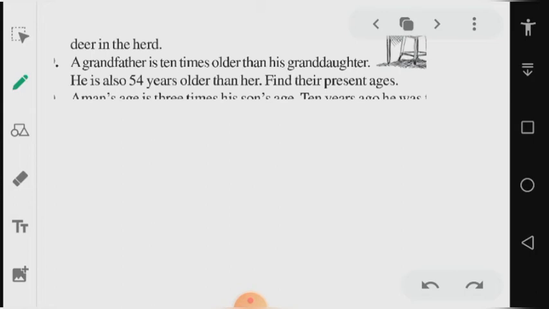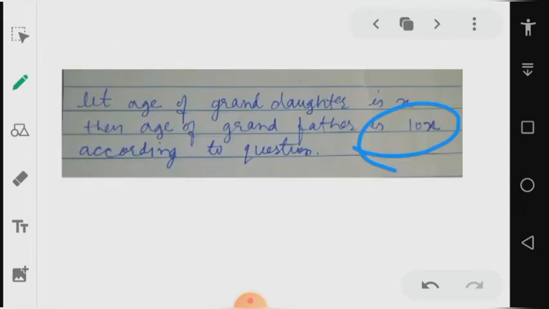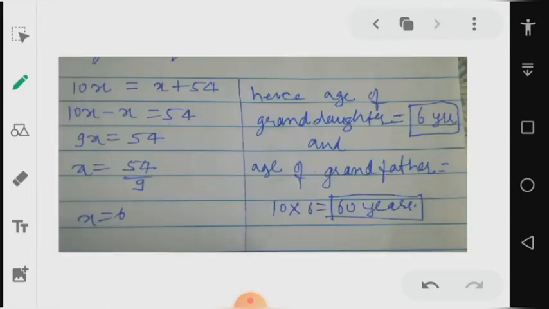Now we have to follow the instructions given in the question. Those instructions are the conditions actually. The second condition is, he is also 54 years older than her. So 54 years older means if we add 54 to the age of the granddaughter, we will get the age of the grandfather.